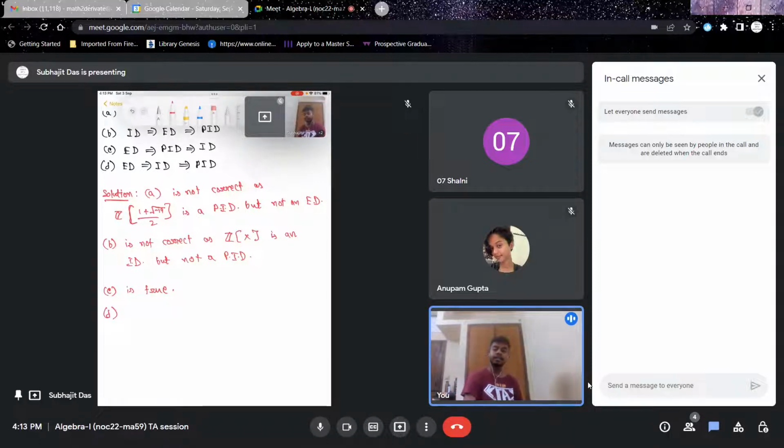And is option D correct? Every Euclidean domain is an integral domain, and every integral domain is a principal ideal domain. Is this correct? No, sir. And we saw Z[x].